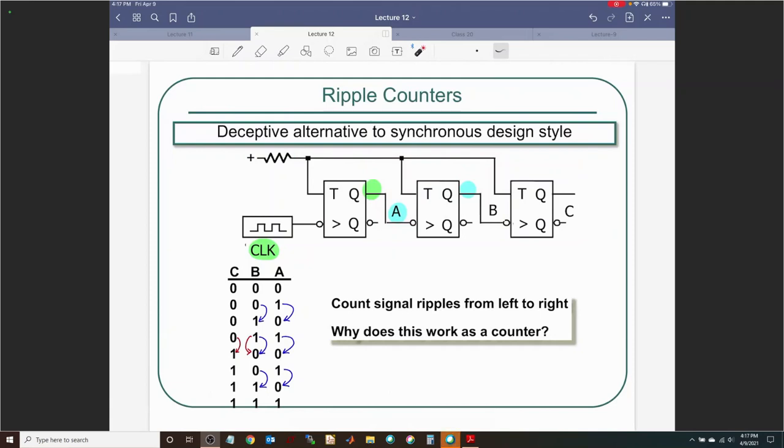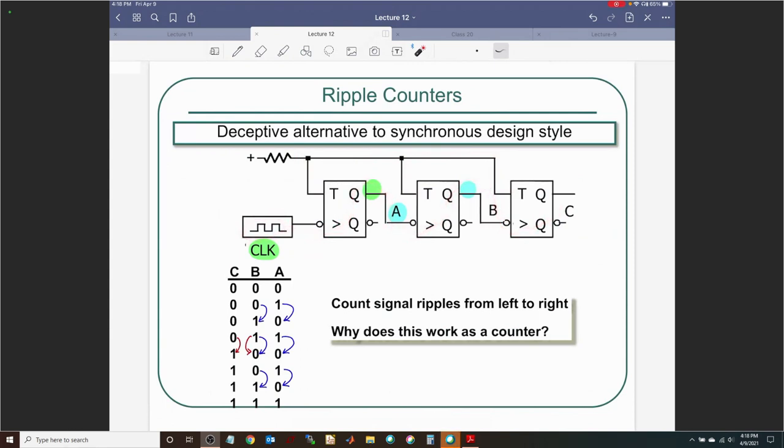This is what we call a ripple up counter, right? So this is a 3-bit ripple up counter. Why is it rippling? Because the effect of the clock ripples through the 3 flip-flops.